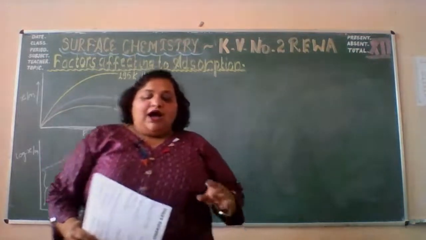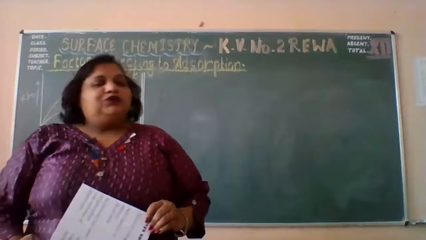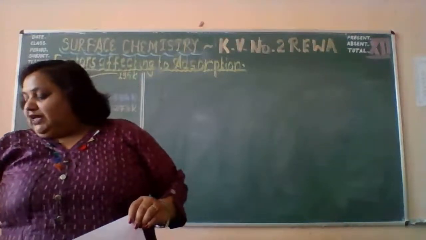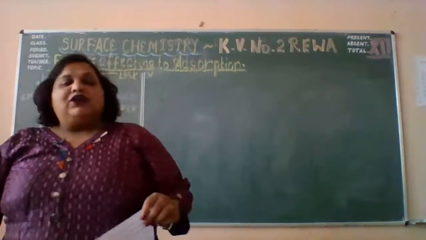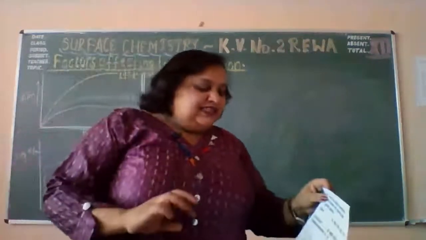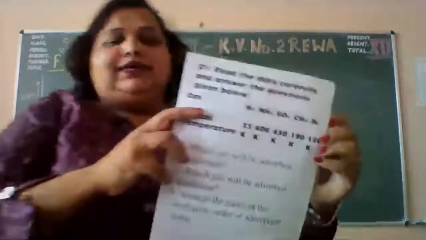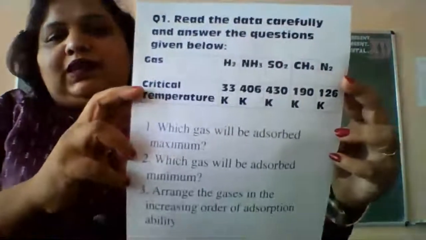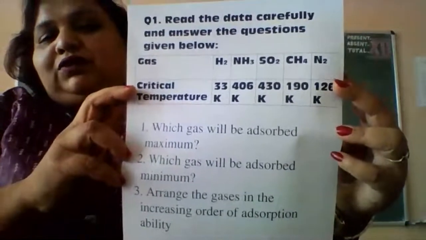Now I have to discuss some factors affecting adsorption, and I have just one question to check whether you are learning or not. Please sit carefully and read the question that I'm showing you here. One data set I have given you.